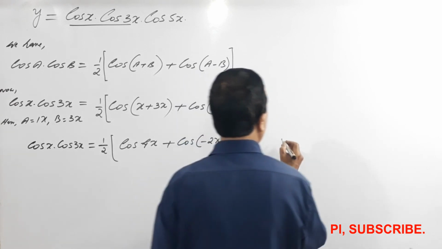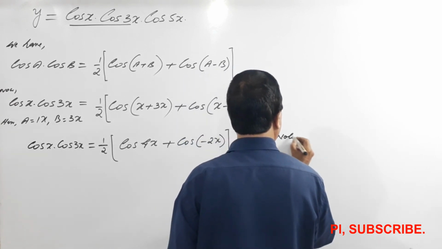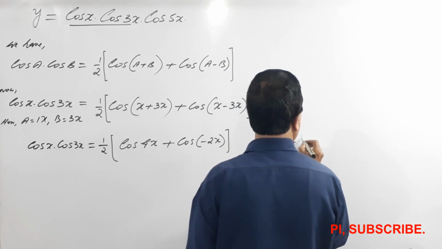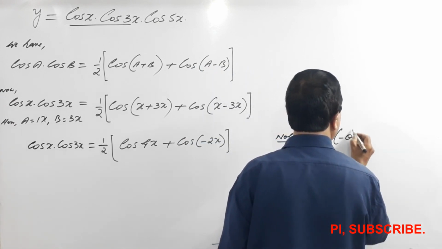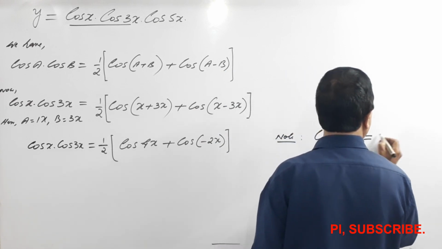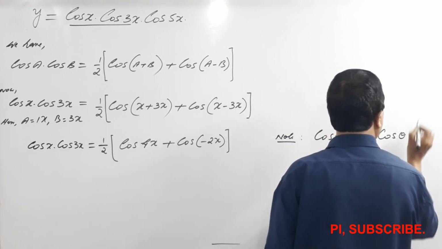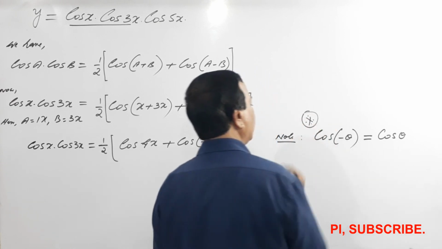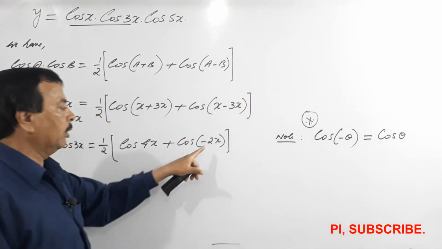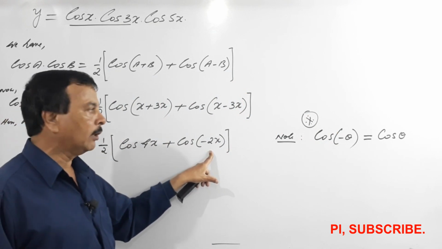Make a note: cos of minus theta equals cos theta. This is an important note which you have to mention to convert this into a positive value.